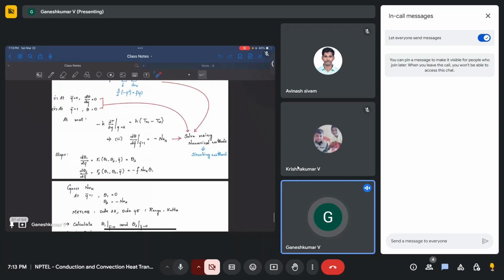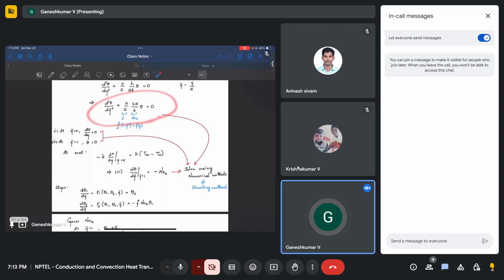Basically, we have this equation. Shooting method is nothing but we have this ODE, and then we have a couple of boundary conditions, and actually the third boundary condition is also there. So basically we have two boundary conditions and one initial condition.